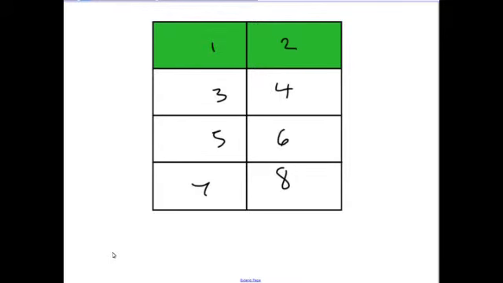So if I wanted to know what proportion of parts are green, we now have 8 parts, and 2 of those parts are green. So as a fraction, we would write it as 2/8. The proportion of green to the whole rectangle would be 2/8.